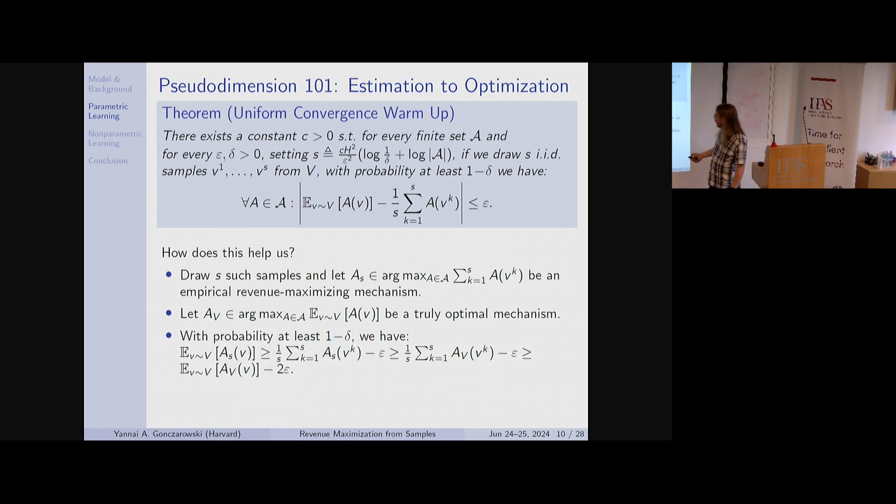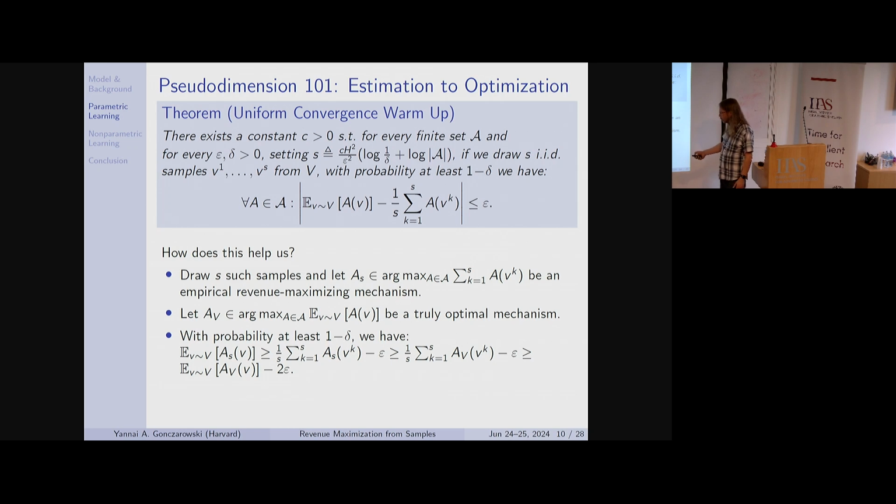And then with probability at least 1 minus delta, this thing holds. And we can say that the expected revenue from the empirical maximizer is very close to the empirically estimated revenue. And this is greater or equal to the empirical estimated revenue from the actual true mechanism.